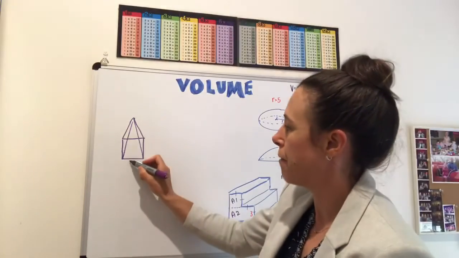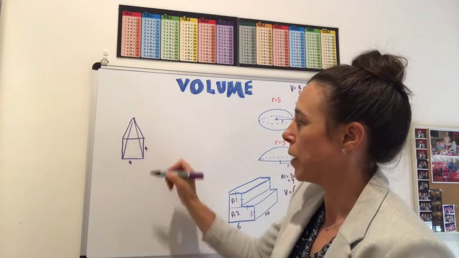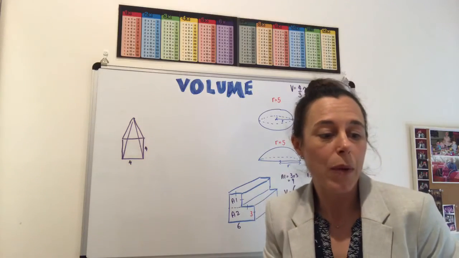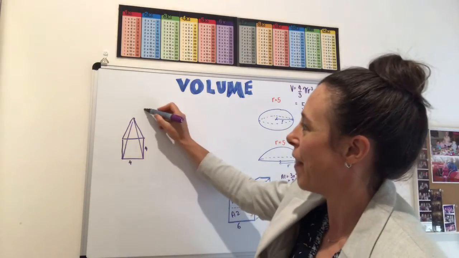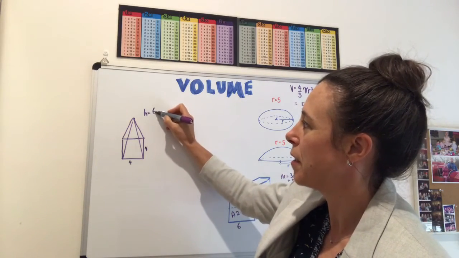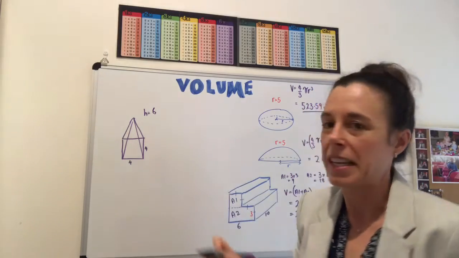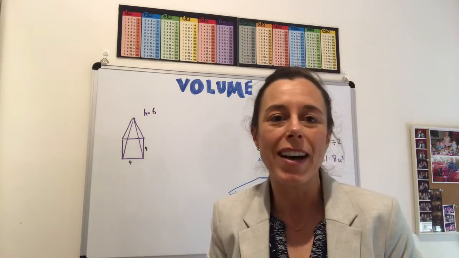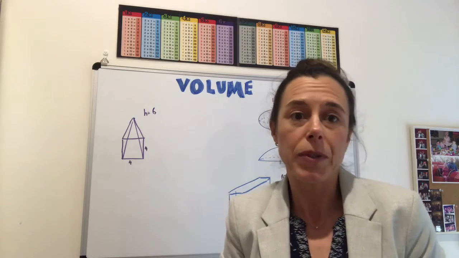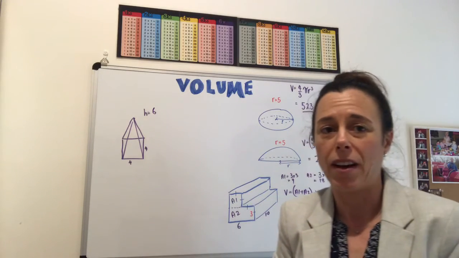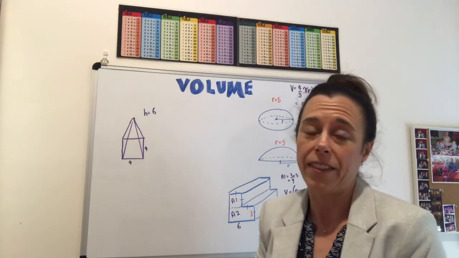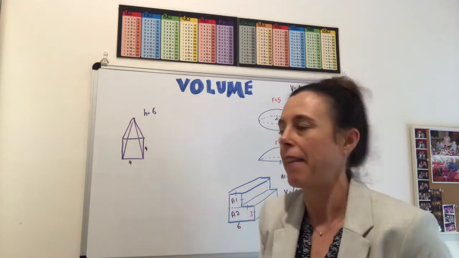So if we had a 4 here and a 4 here, and once again we were lucky enough to be told that the height of this pyramid is 6. Okay, if you weren't told the height, you will need to do some Pythagoras to determine the height using the side lengths and the diagonals of the base, but that's another lesson.